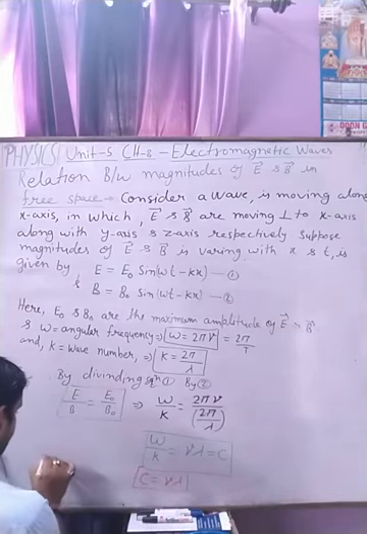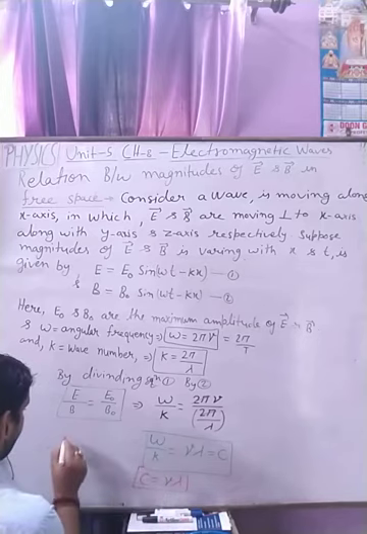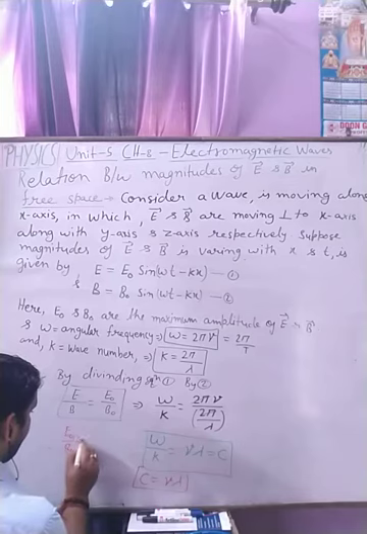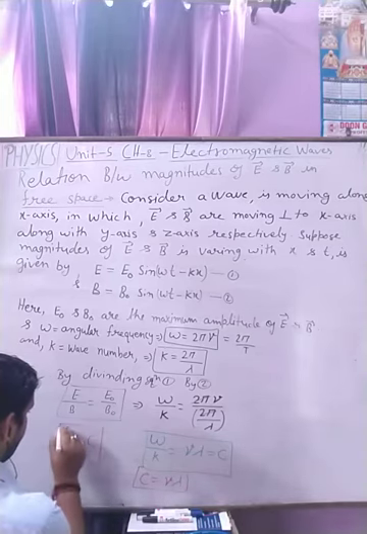Therefore E naught upon B naught is also c.